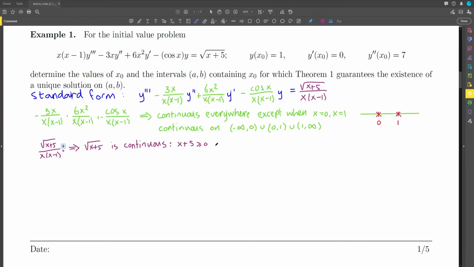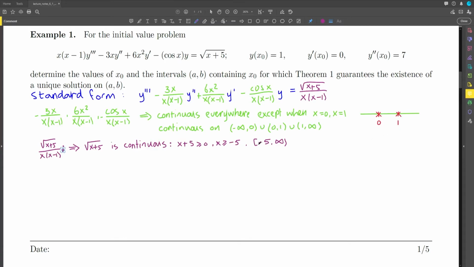In other words, when x is greater than or equal to negative 5. And we can write that in interval notation as negative 5 to infinity. Now this function has the same problem with its denominator, so it's not defined at 0 and 1.